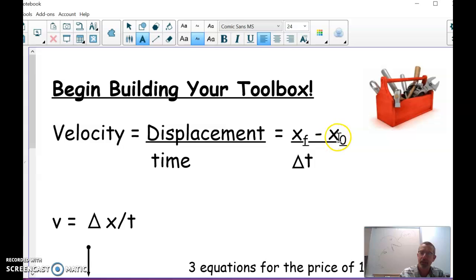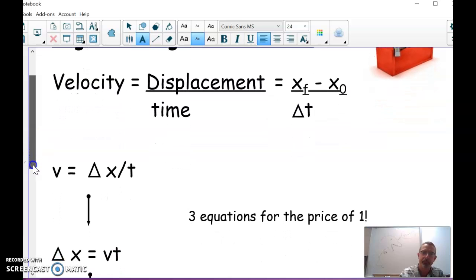So our x final minus our x initial, that's going to be our displacement. Our time is going to be that. So we can shorthand that by saying x final minus x initial is our delta x, divided by t, or delta t. So that's going to be our velocity.